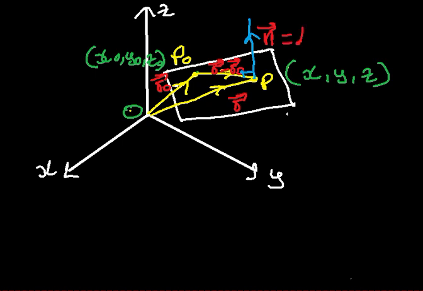And let's say it is given with the components A, B, as well as C. These are the components of the normal vector N. Now the fact that this vector P naught P is on the plane, and it is perpendicular to the normal vector N, then you have to understand that this normal vector is also perpendicular to the plane as well.